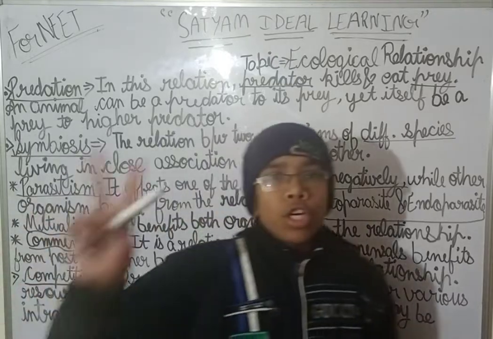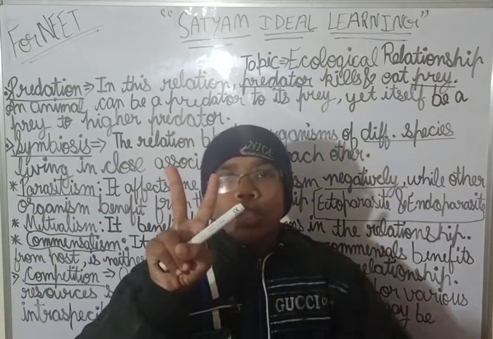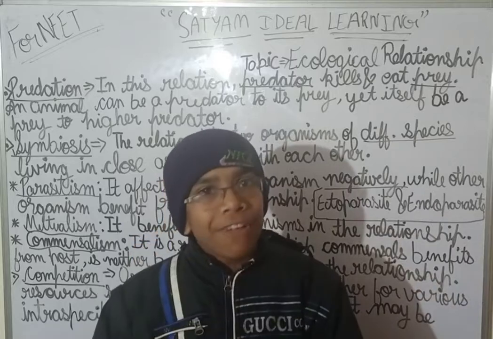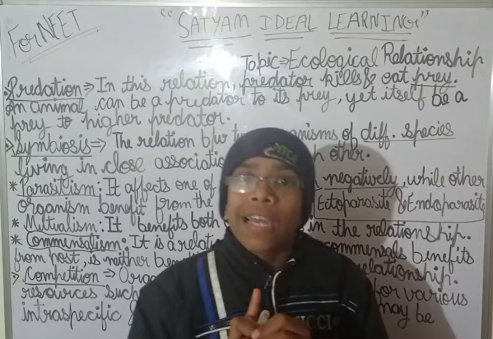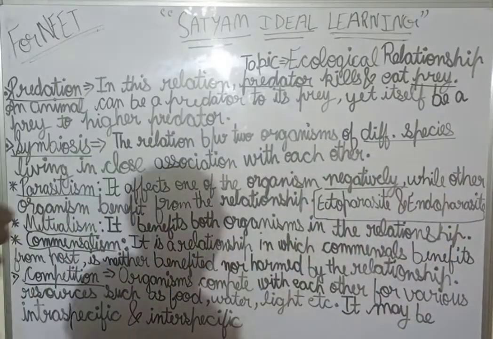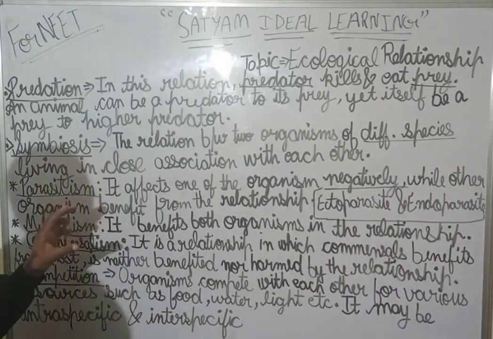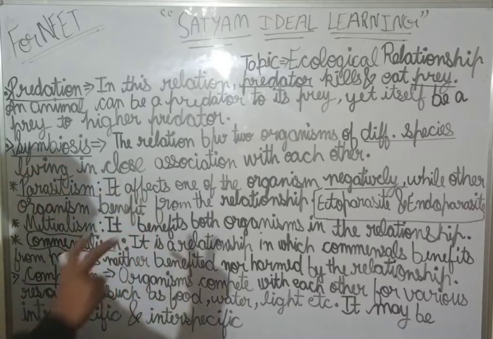For example, two organisms are there. One of them will be affected negatively and the other will be benefited in this relationship. I think the definition must be clear to all of you.